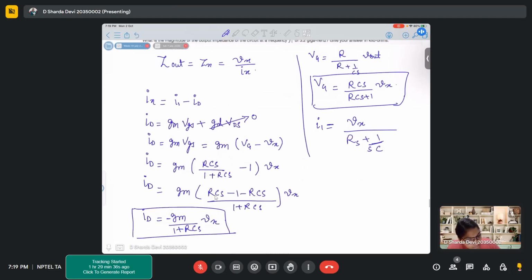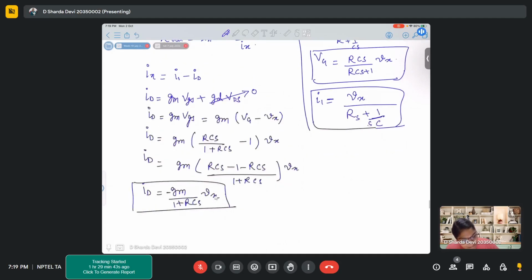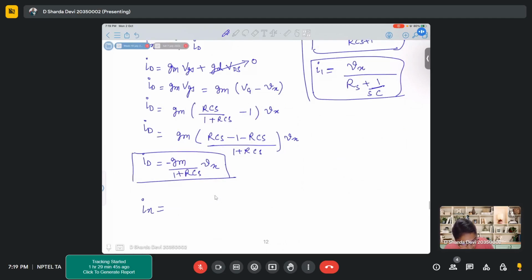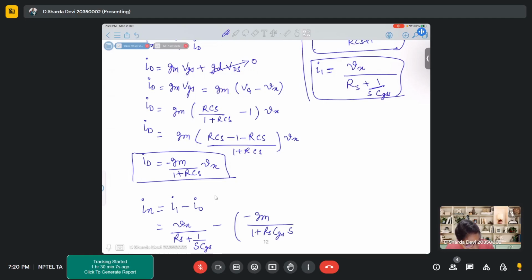Yes. So I1 is Vx upon RS plus 1 upon sCGS. We already mentioned Ix as I1 minus ID. So that is Vx upon RS plus 1 upon sCGS minus Gm upon 1 plus RS CGS s into Vx.